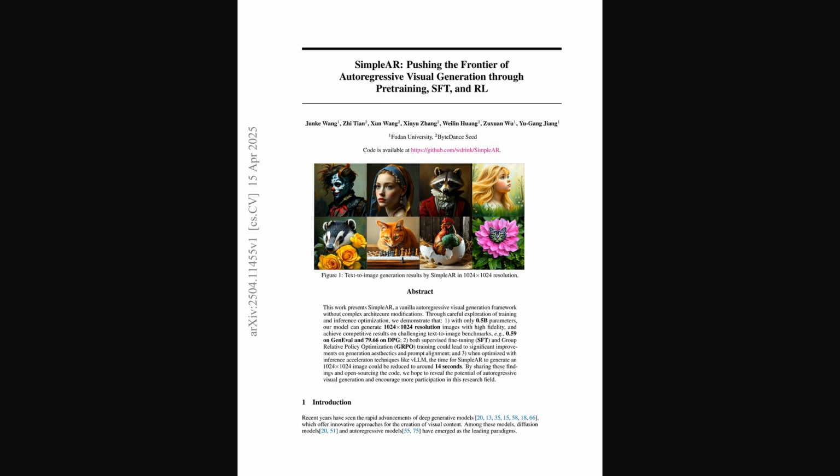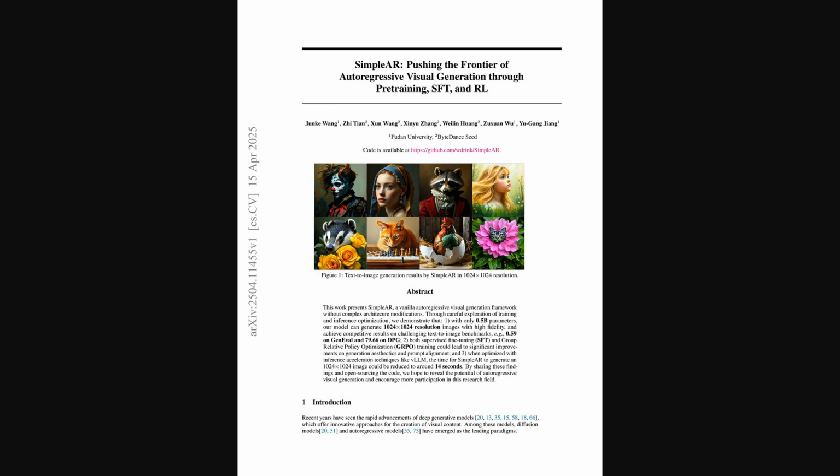I'm your host Alex, and today we're diving into a really interesting paper on visual generation. It's called SimpleAR, Pushing the Frontier of Autoregressive Visual Generation Through Pretraining, SFT, and RL. The core idea here is exploring how a relatively simple autoregressive framework, without lots of complex changes, can actually generate high-quality images.